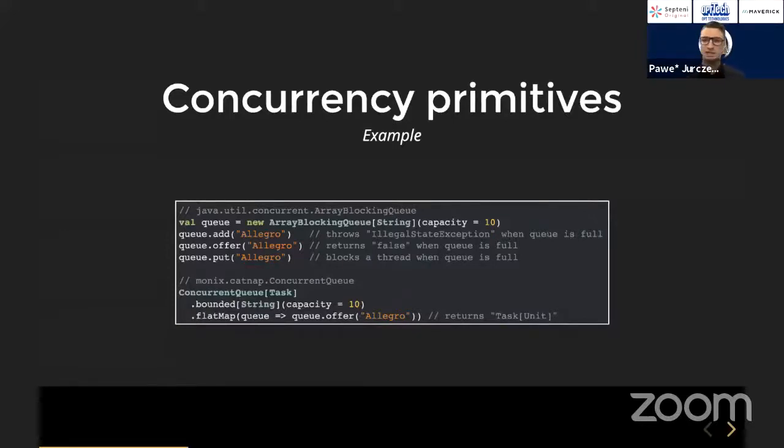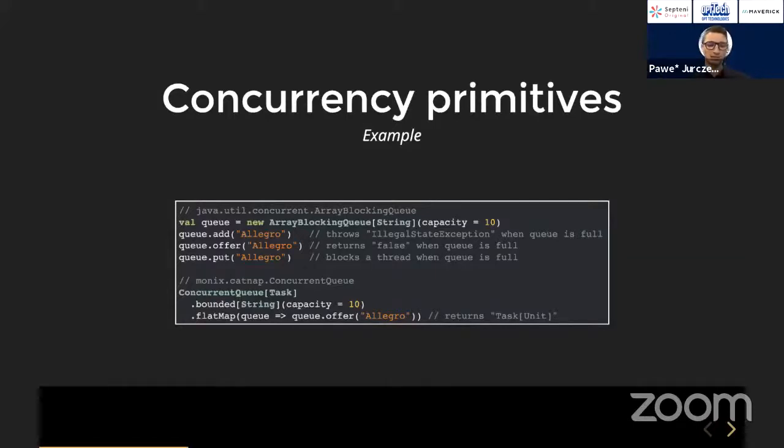So let's see what semantics we'll get in the runtime here. We create a concurrent queue and we try to put an element into the queue. What happens now if the queue is full? Well, it turns out that the fiber that the operation was running on will be suspended, and the thread that the fiber was running on will be released to the thread pool, and basically the thread might now be reused by a completely different computation.